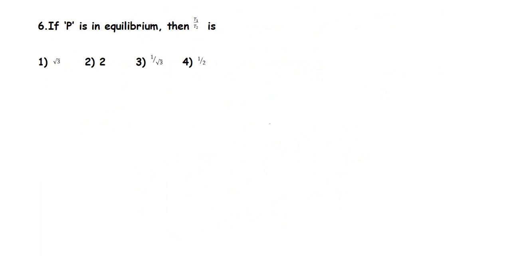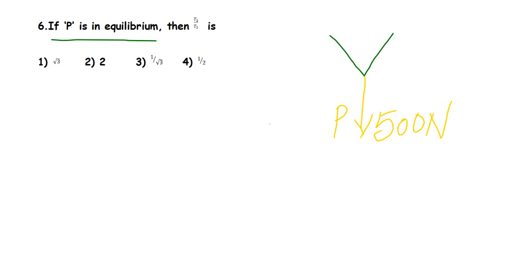Next one is: if P is in equilibrium, then T1 by T2 is? This problem is related to Lami's theorem. In Lami's theorem, if a body is in equilibrium, three concurrent forces are acting on it.